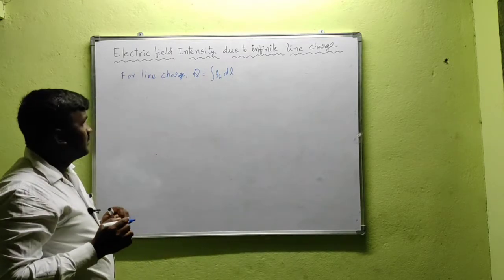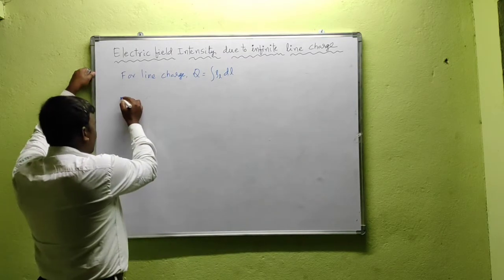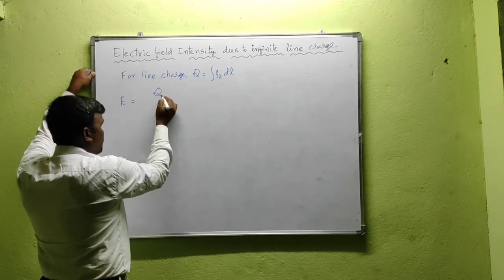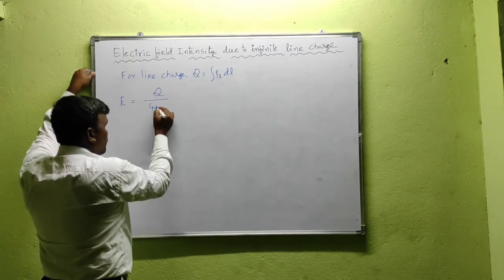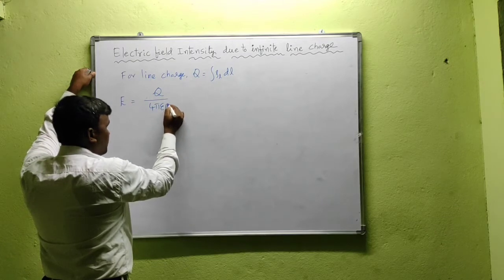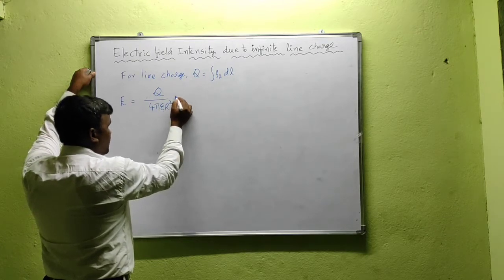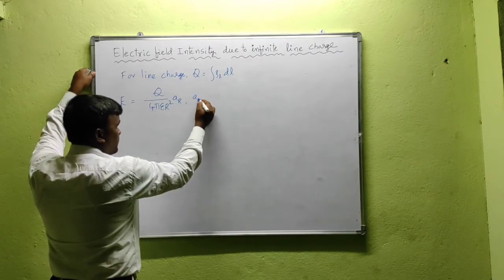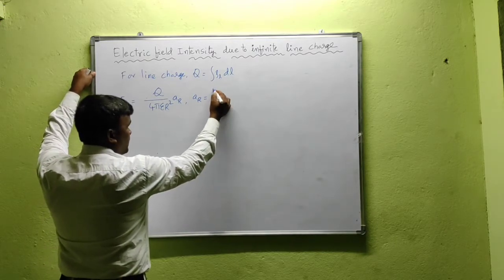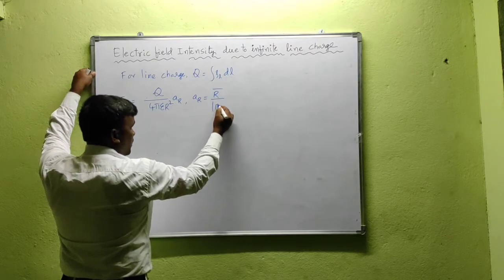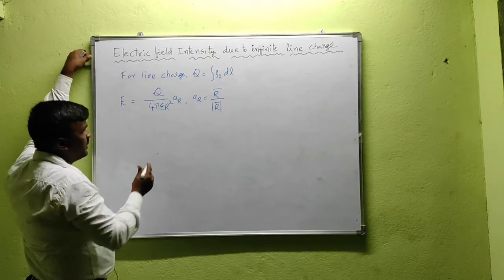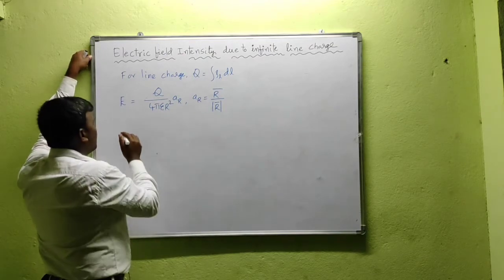We know that electric field intensity due to point charge is given by, from Coulomb's law, E equal to Q by 4 pi epsilon R square into aR. What about aR? aR is nothing but R bar by mod R bar, or else simply R bar by R. R is nothing but this mod R bar.